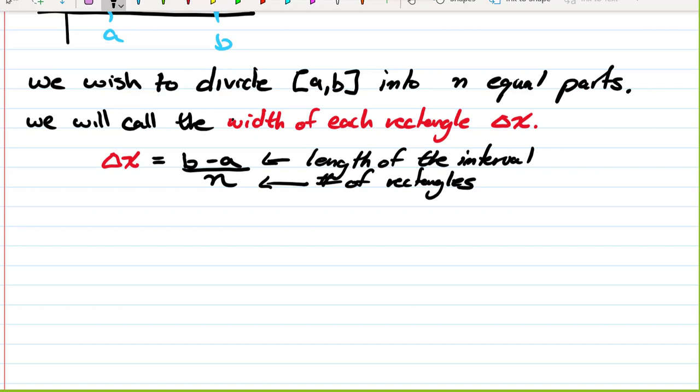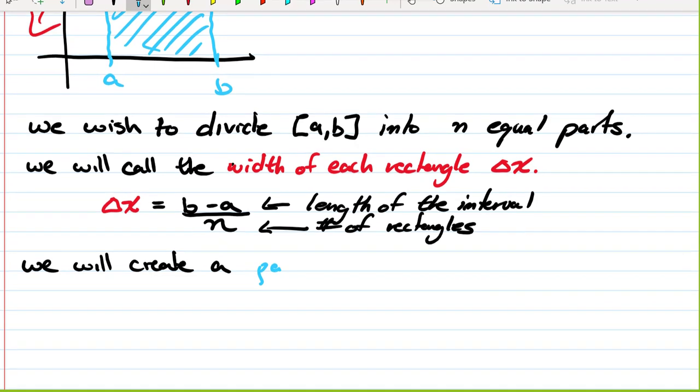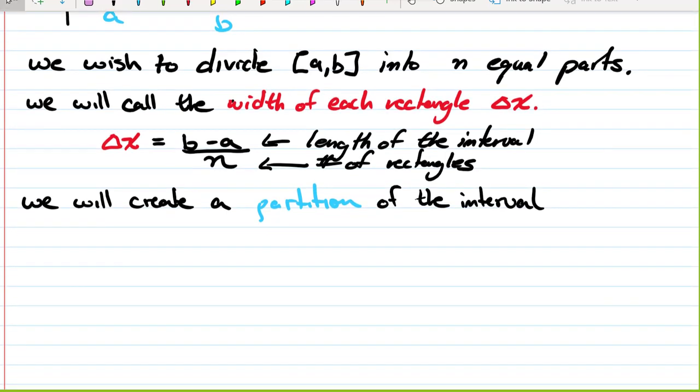We will create a partition of the interval, so we imagine our number line.